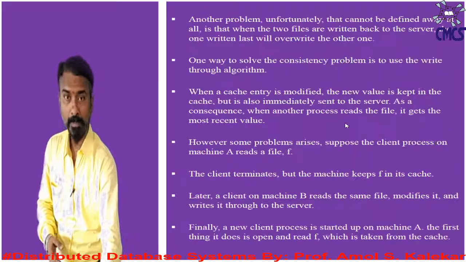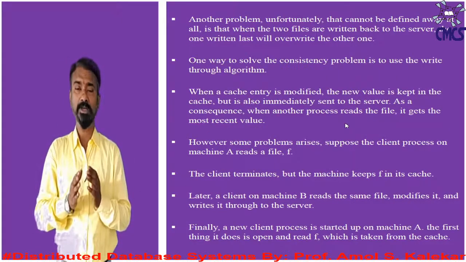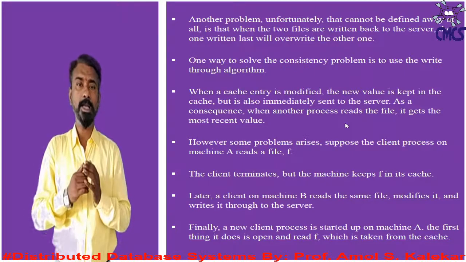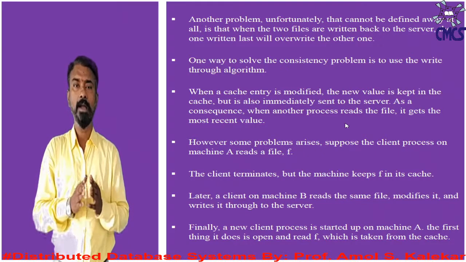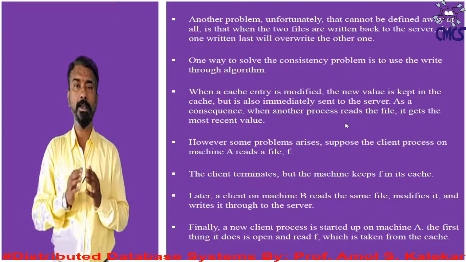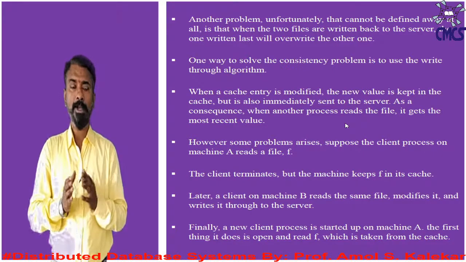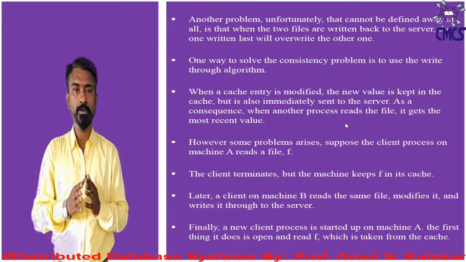Okay. Now, another problem, unfortunately one that cannot be defined away at all, is that when the two files are written back to the server, the one written last will override the other one. One way to solve this consistency problem is to use the write through algorithm.